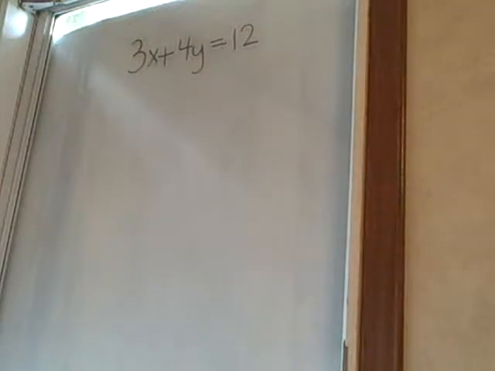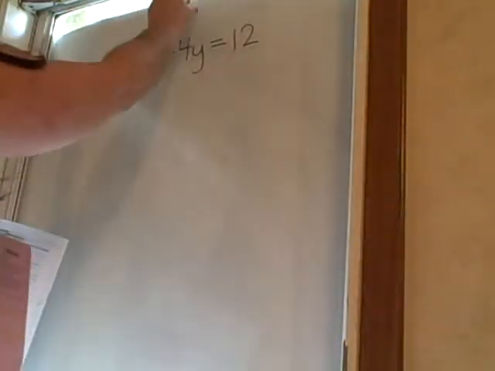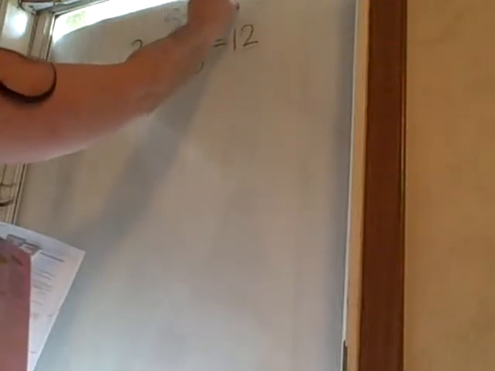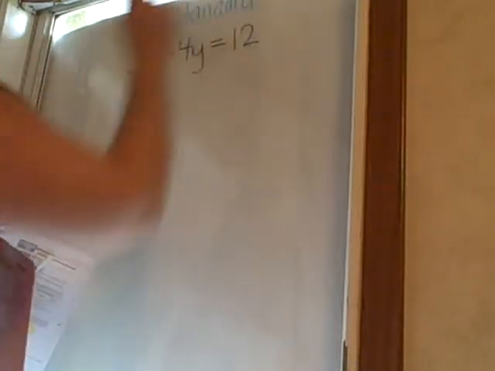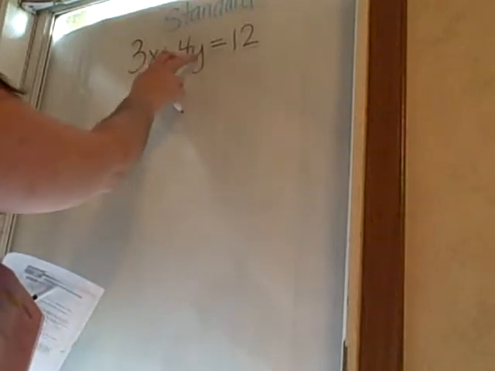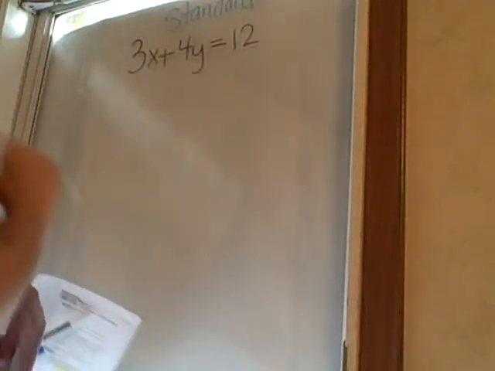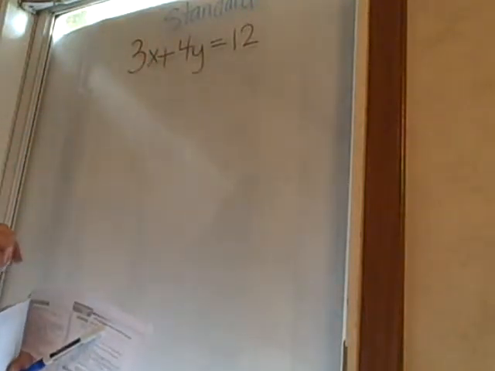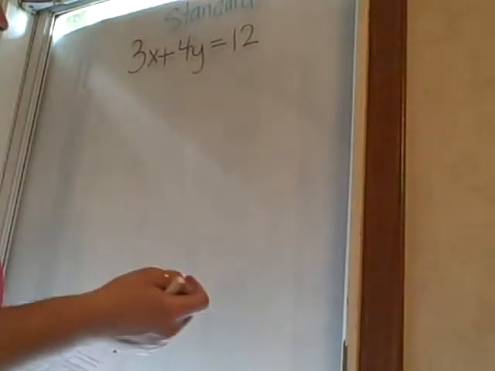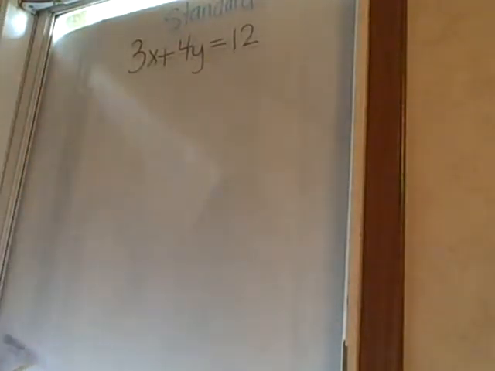This equation is written in standard form. Standard form is where the x and the y are on the same side of the equal sign. If they were not on the same side of the equal sign, you would make it so that they were on the same side of the equal sign and then continue the process.